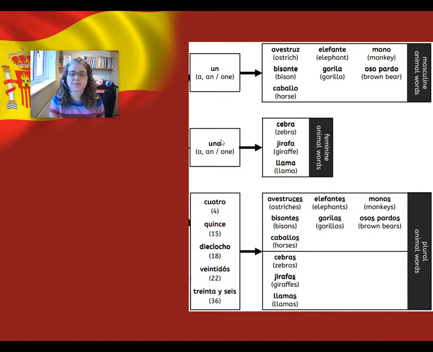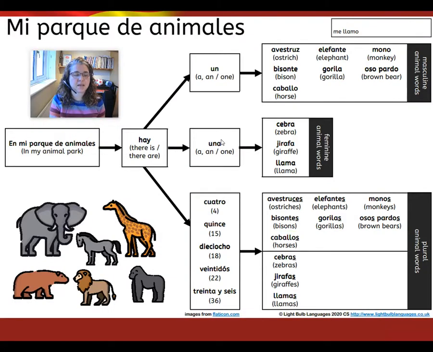How do you say 15 horses? Have you found the words? Quince caballos. 15 horses. Let's put the rest of the sentence builder back again so that we can see the whole sentence. And how would you say, using this sentence builder, first of all, in my animal park, there is one ostrich.